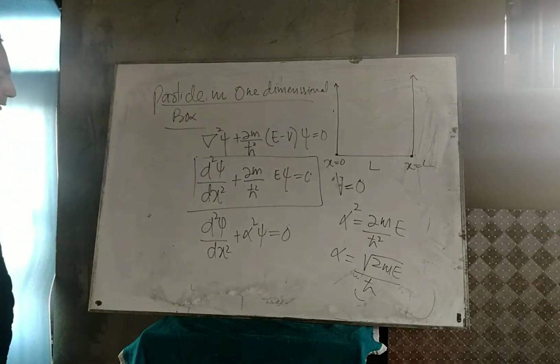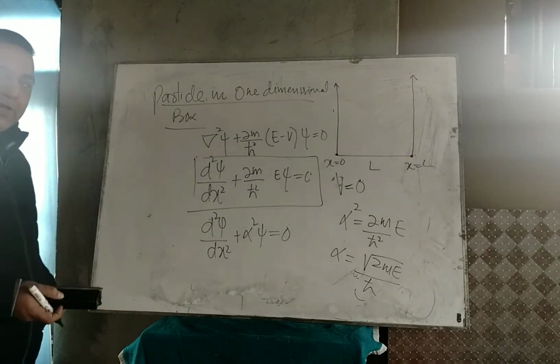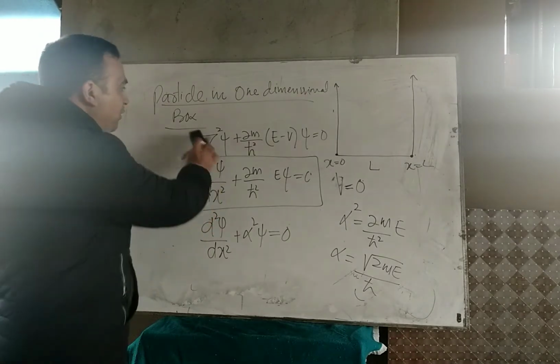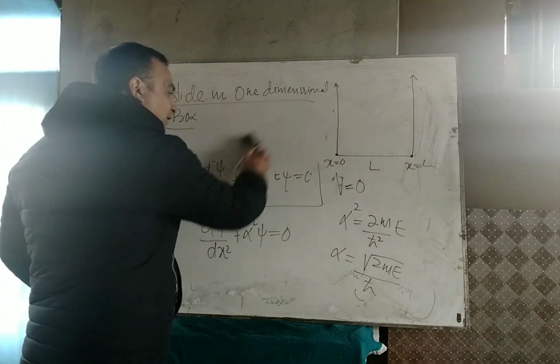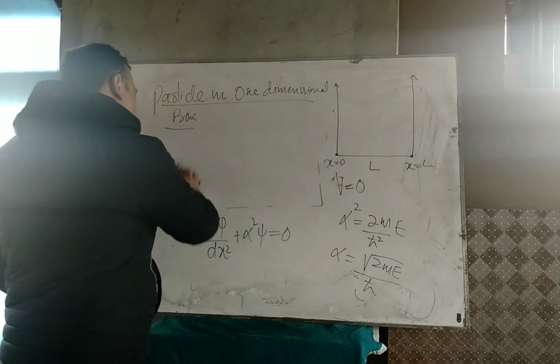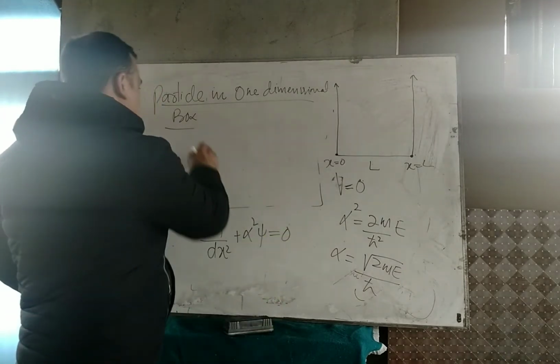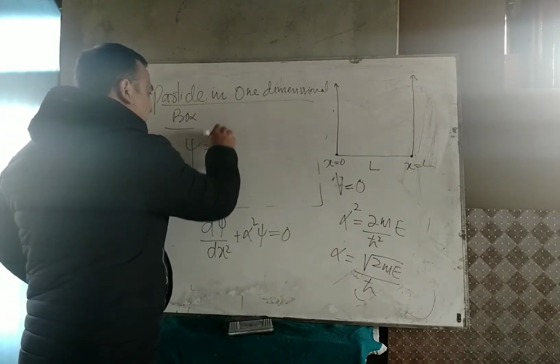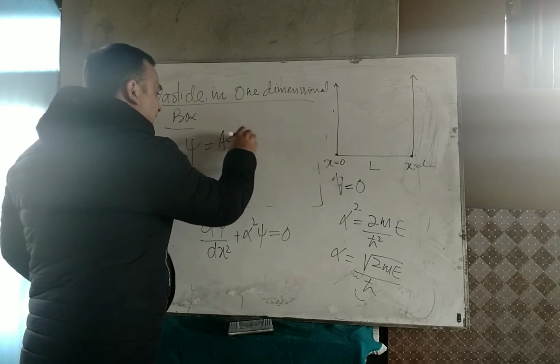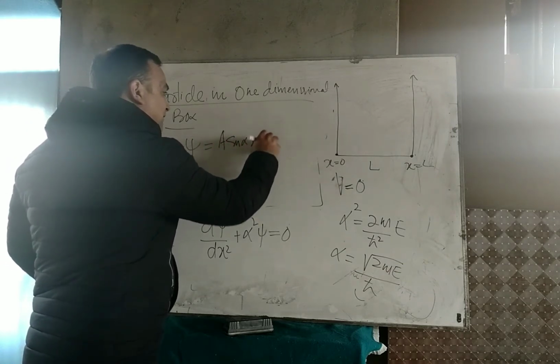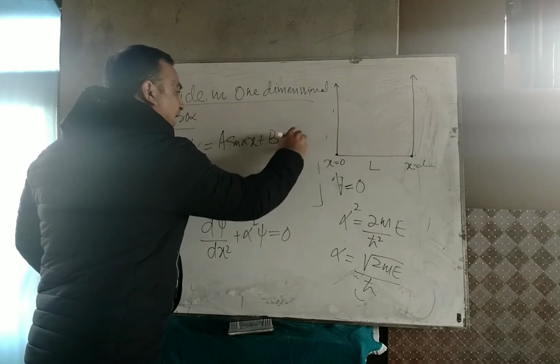We have a second order differential equation here, and its solution can be written in terms of periodic functions, cos and sine, and that solution is psi equal to a sine alpha x plus b cos alpha x.